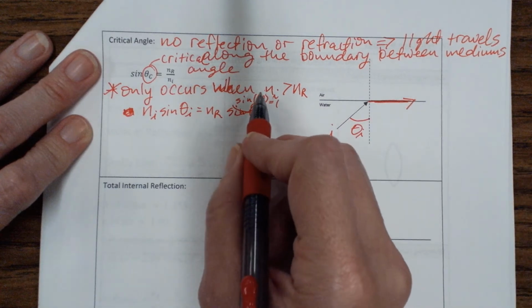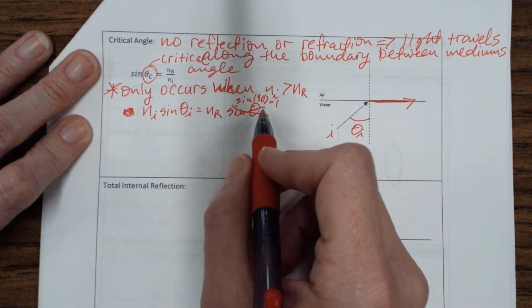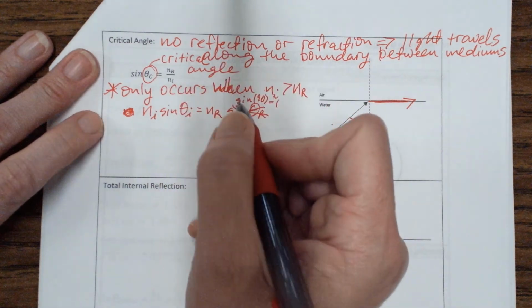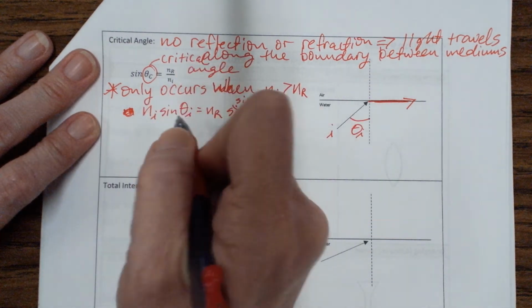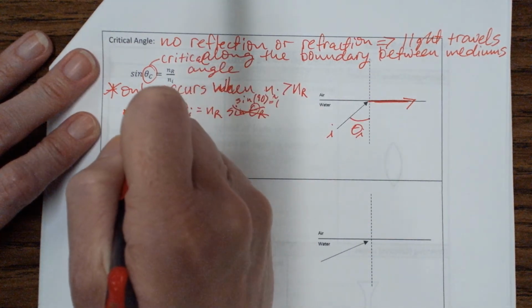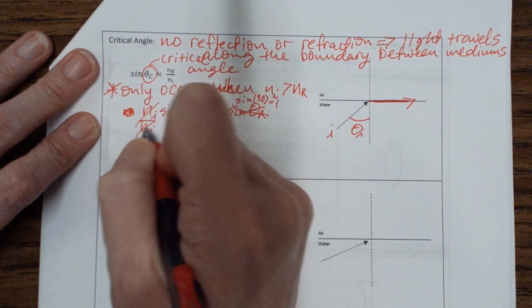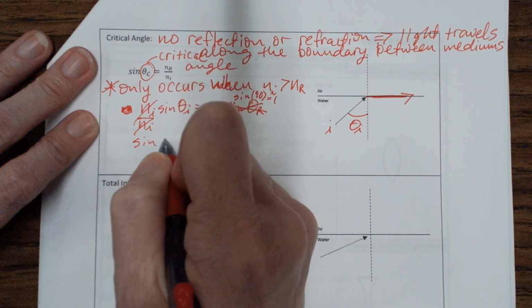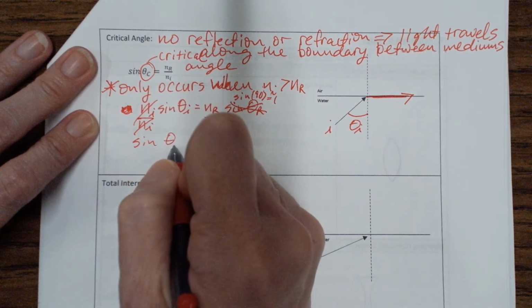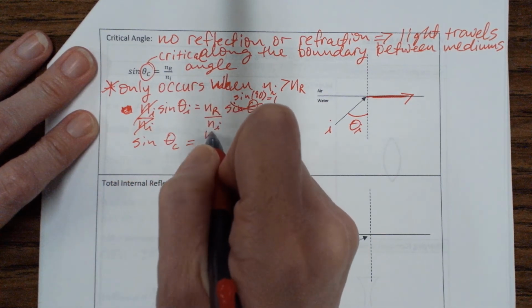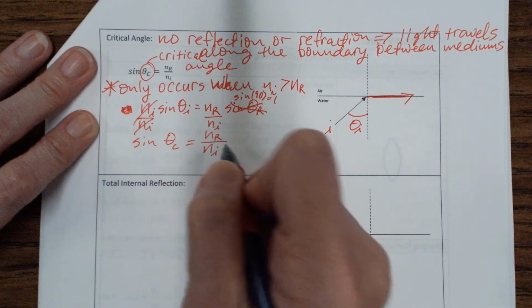Instead of a 90-degree angle for refraction, we divide both sides by Ni. So sine theta critical is equal to Nr over Ni.